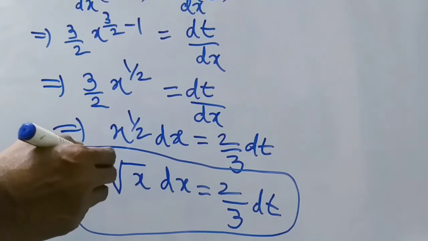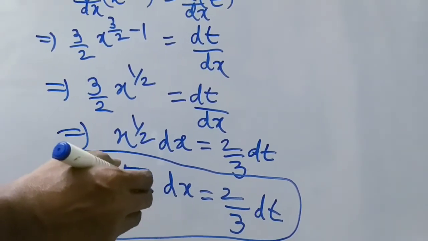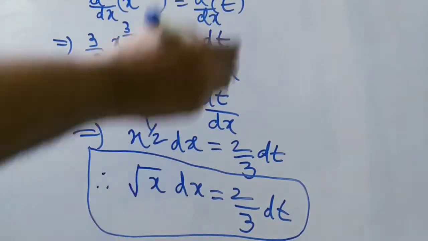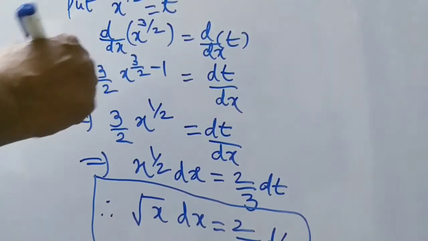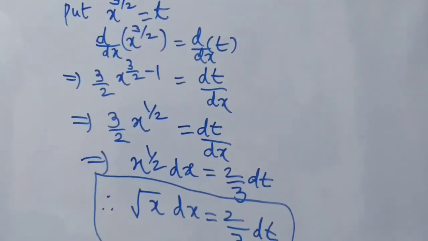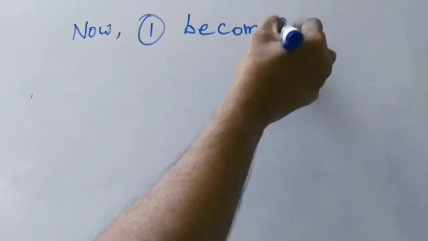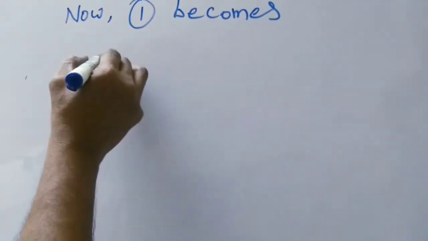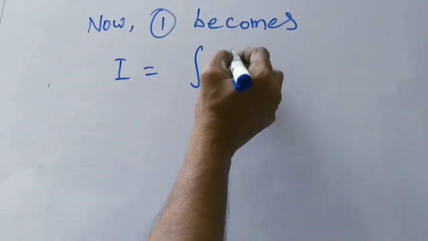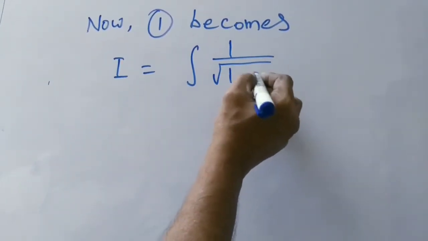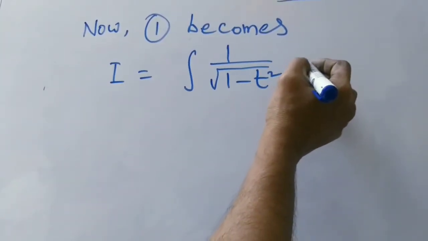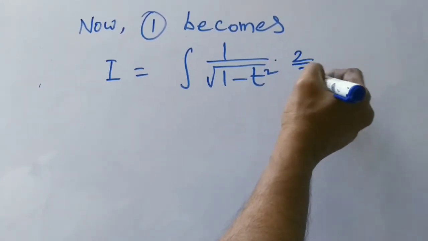Now, on substituting root x dx is equal to 2 by 3 dt in the first equation, I becomes the integral of 1 by square root of 1 minus t square into 2 by 3 dt.